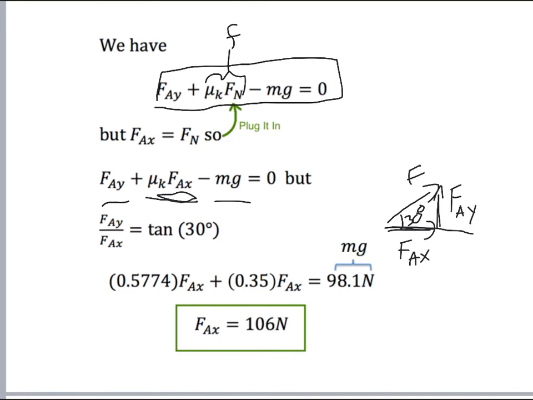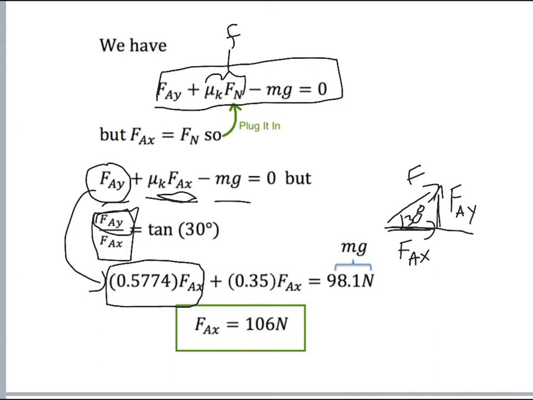So I can relate FAY over FAX equal to the tangent of 30 degrees. I can plug that in, and I get that FAY is equal to 0.5774 FAX. That comes from solving this for FAY and plugging it in there.